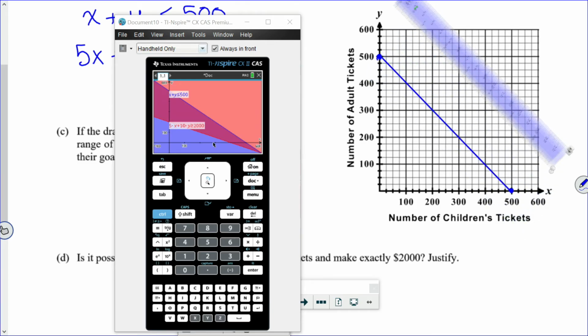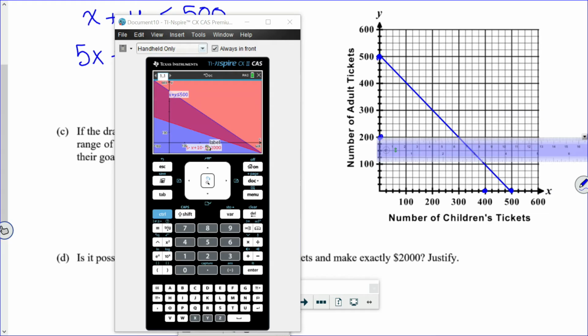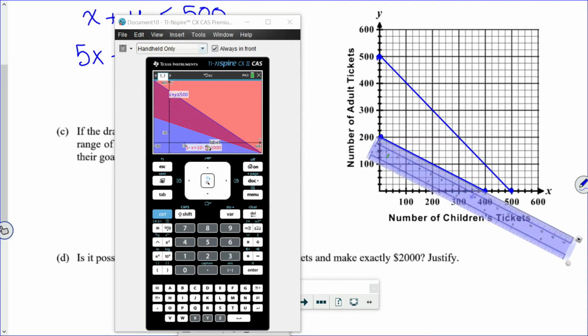Now my other one, this one's a little bit harder to tell. I'm going to move that a little bit down here. That one has a y-intercept at 200, and it's got an x-intercept at 400. So now I can graph that. Excellent. And my viable region is everything in between.